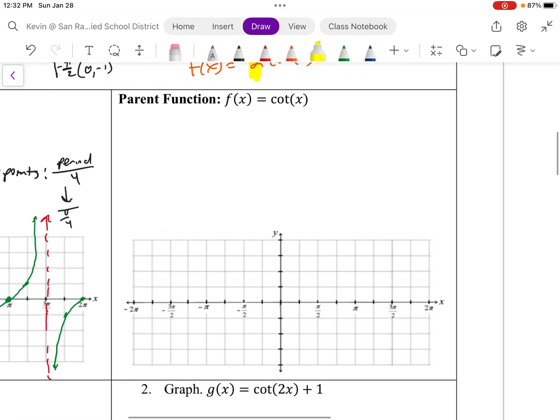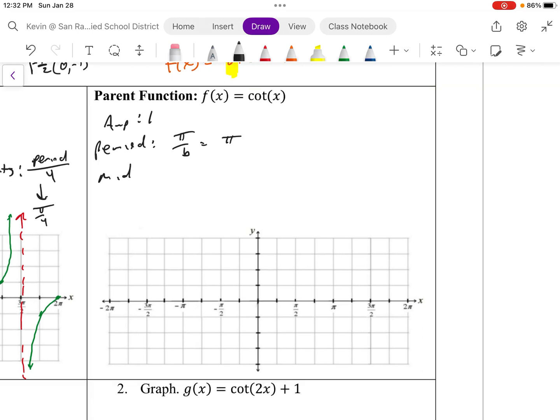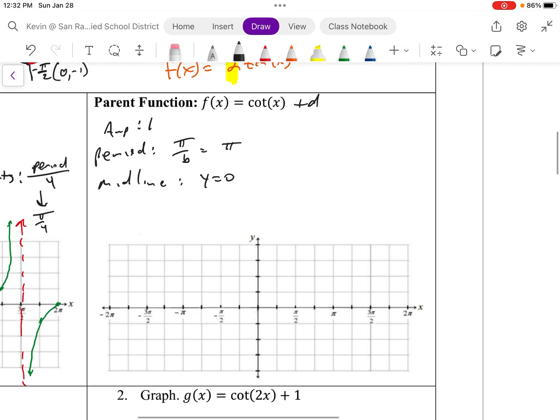We can look at cotangent, same idea. For the parent function, the amplitude is 1. The period, again, is pi over b, and in this case, that would just be pi. The midline, there's no plus d here, so the midline is, again, y equals 0.